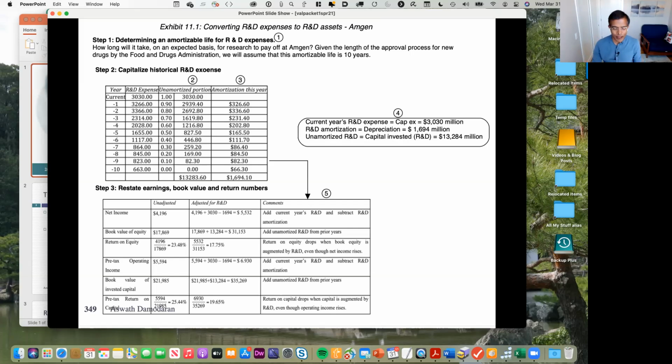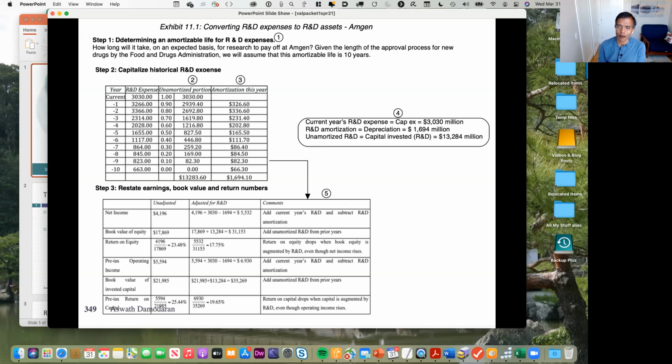And think about the effects it has. In the case of Amgen, the earnings go up because I've capitalized R&D. I've replaced R&D expense with this amortization, so I have higher earnings. That's good, right? But my book equity also goes up, which pushes up my invested capital. So numbers like return on capital and return on equity become lower after I capitalize R&D.